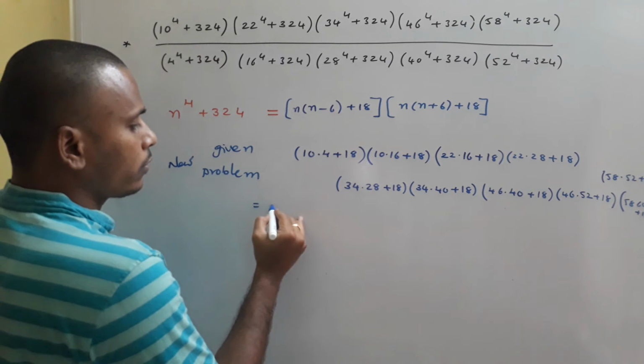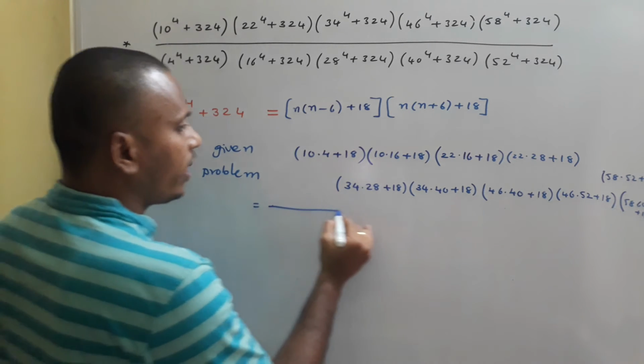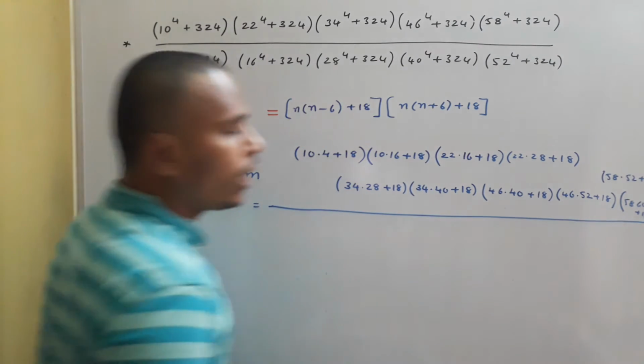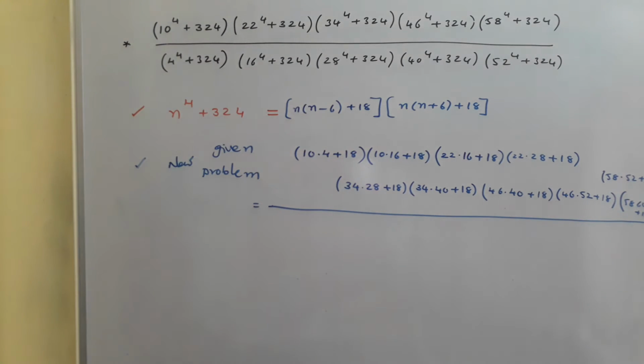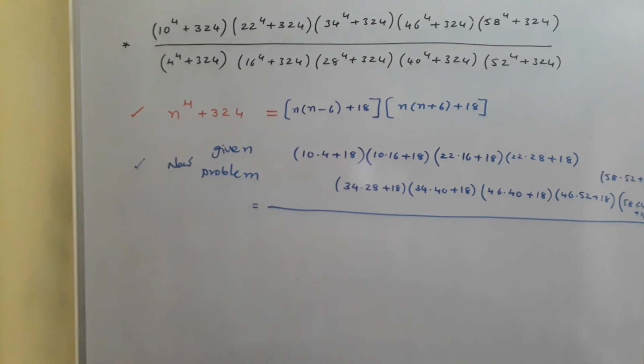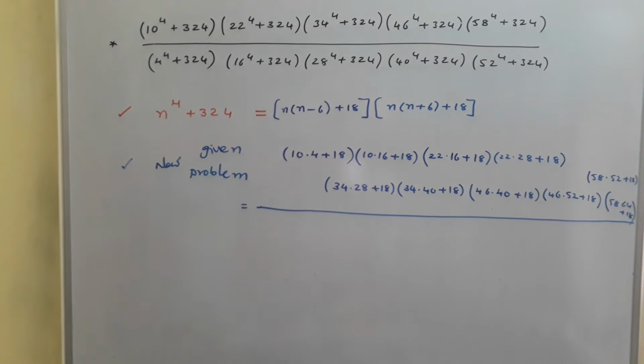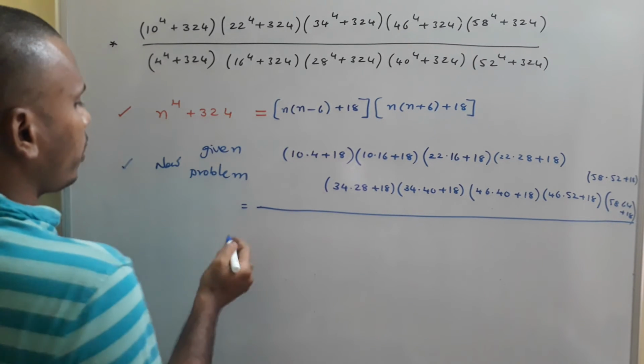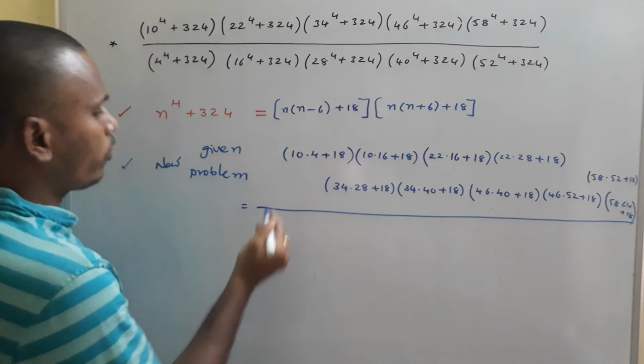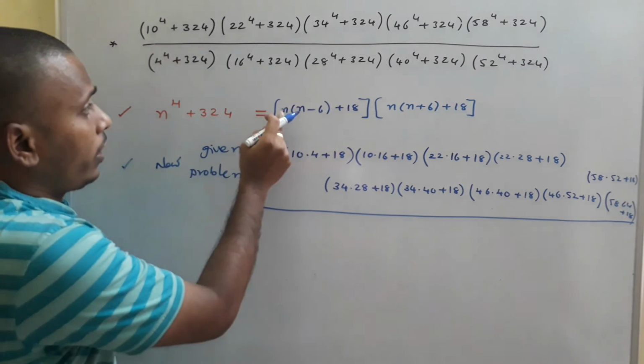So this total part is divided by, now I need to express every term of the denominator using the same factorization. So 4 power 4 plus 324, use n as 4.